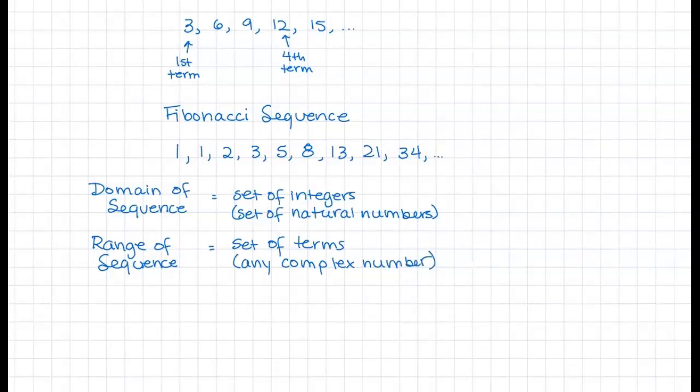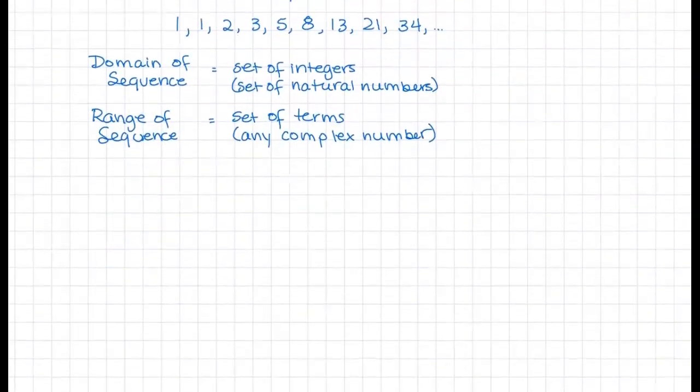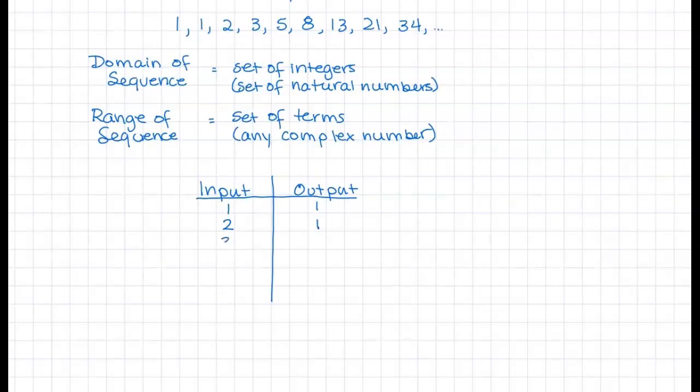Well, let's take a look at the Fibonacci sequence, for instance. We have the input and we have the output. The first term was 1, the second term was 1, the third term is 2, the fourth term is 3, the fifth term was 5, the sixth term was 8, the seventh term was 13, and so on.